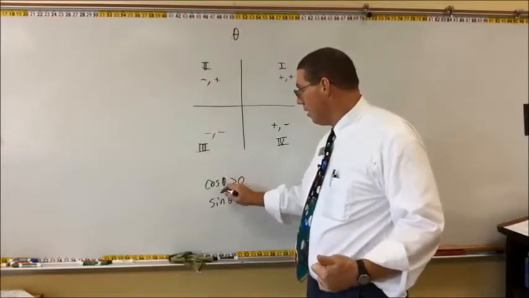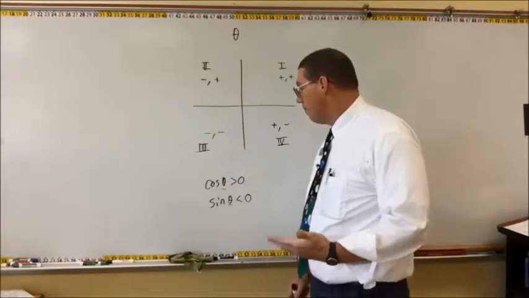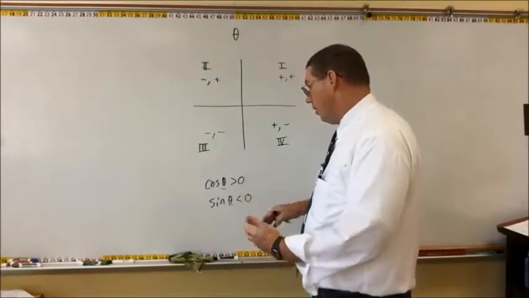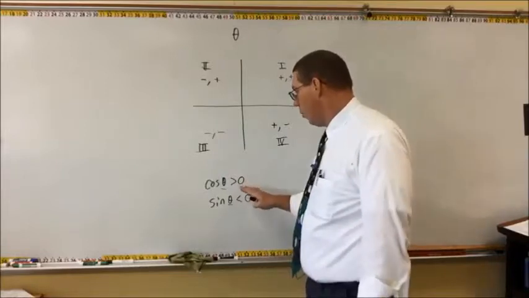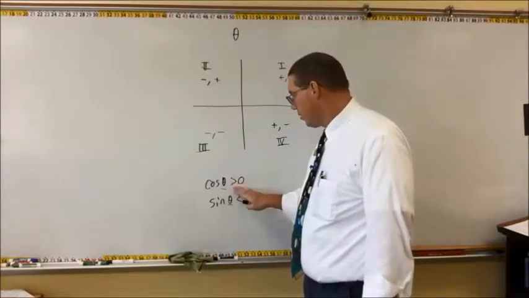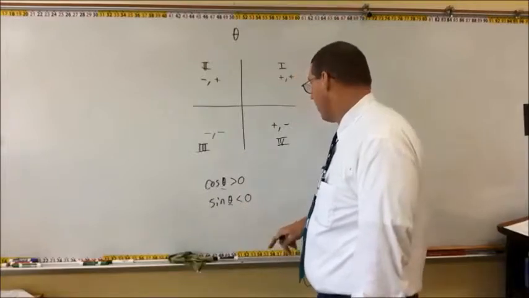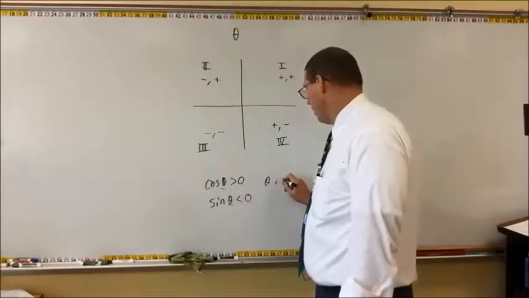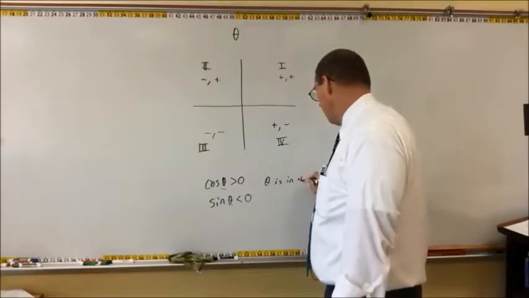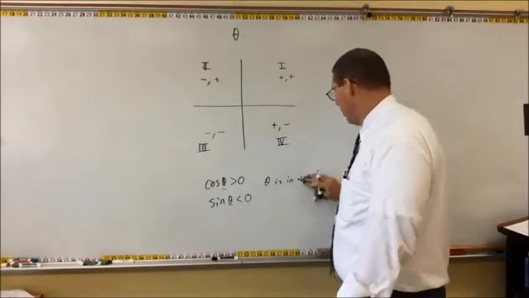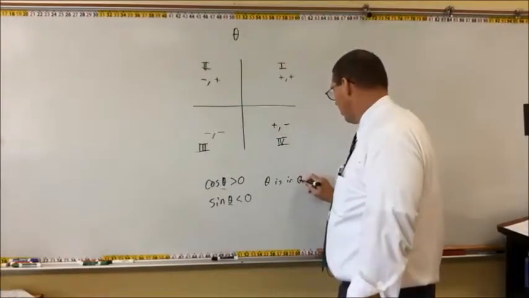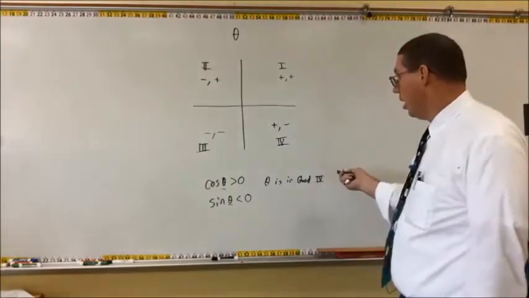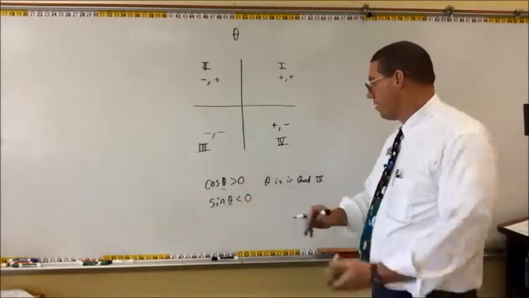So the angle theta must be in the quadrant where the x's are positive and the y's are negative, and that is the fourth quadrant. So this indicates that theta is in quadrant 4, because x is positive and y is negative.